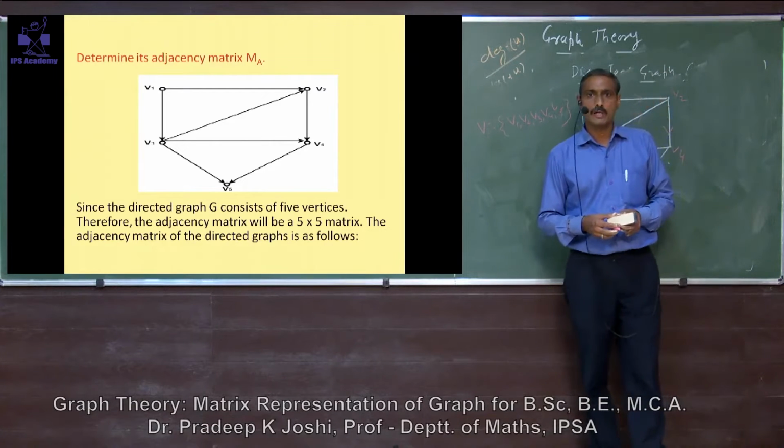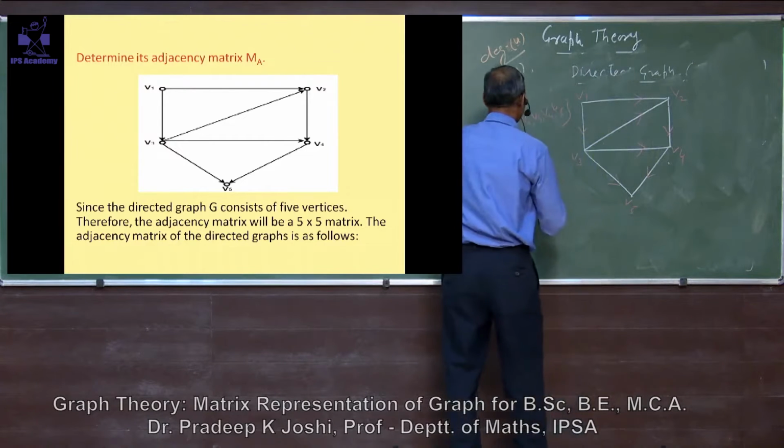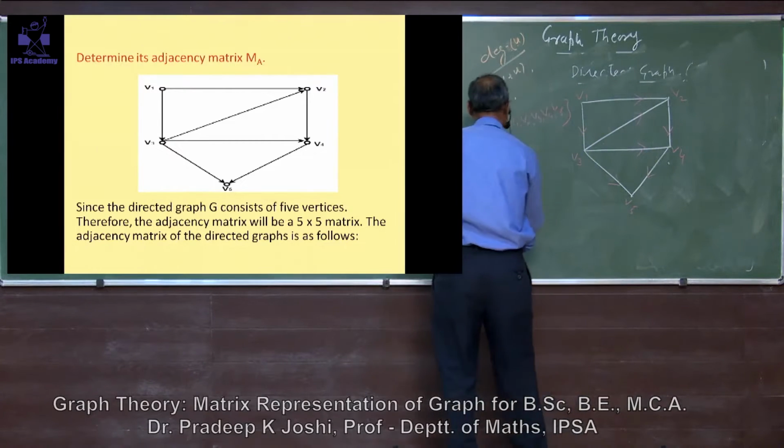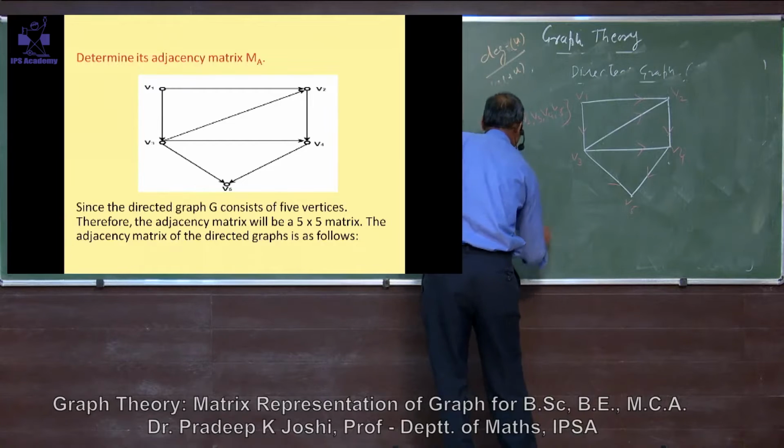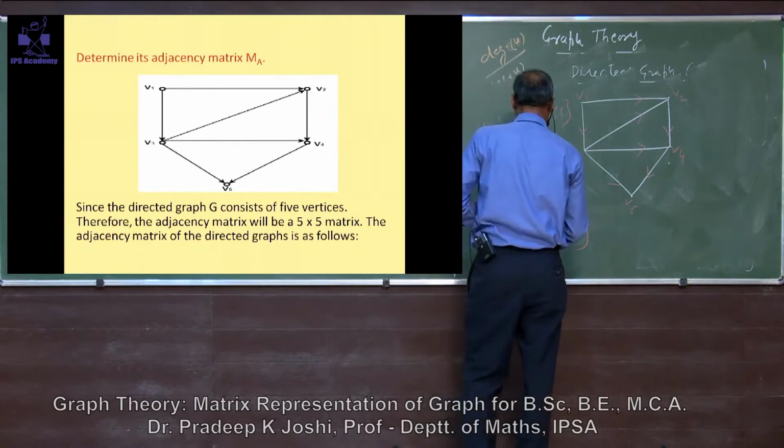The adjacency matrix of the directed graph is defined as follows. First we define the elements of the matrix. Suppose we denote this matrix by A. Rows also represent vertices and columns also represent vertices.